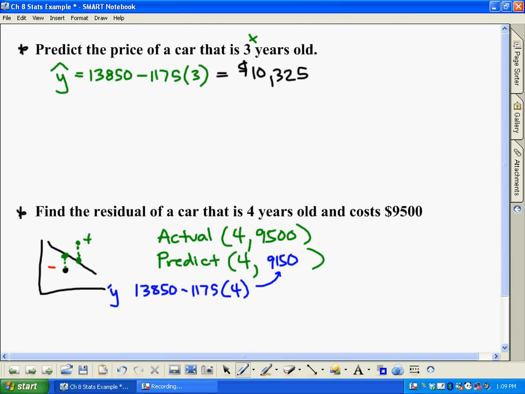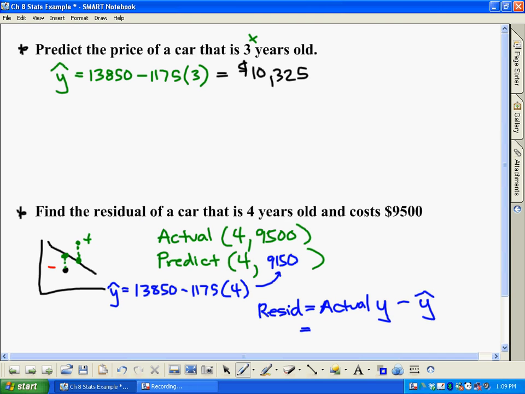I'm going to write over here y hat. So what happens is, this is a case where the predicted is some number and the actual is higher than it. So it's kind of like what's going on over here. This is the predicted down here, and this is what actually happens. So we want to compare the actual y versus the predicted y, and the residual is always the actual y minus the predicted y, which is y hat.